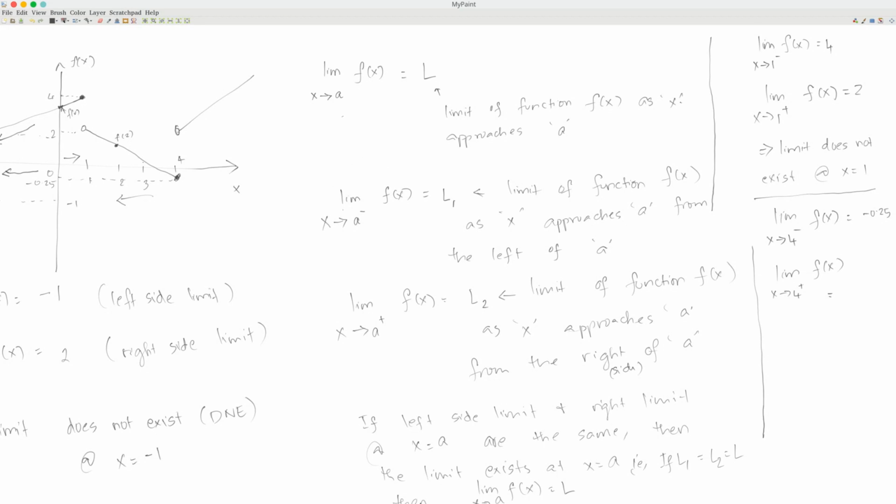It never equals that open dot, but it's getting closer to that open dot, and the value of y at that open dot is 2. It is the limiting value. So the limit as you approach 4 from the right hand side is 2. Does a limit exist at 4? No.